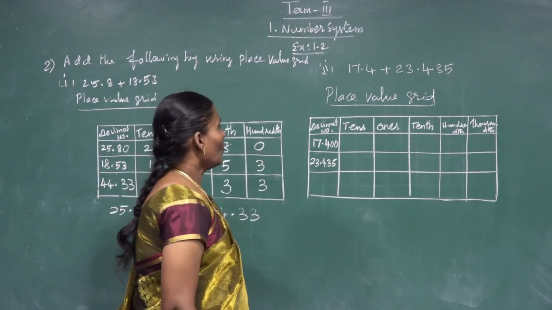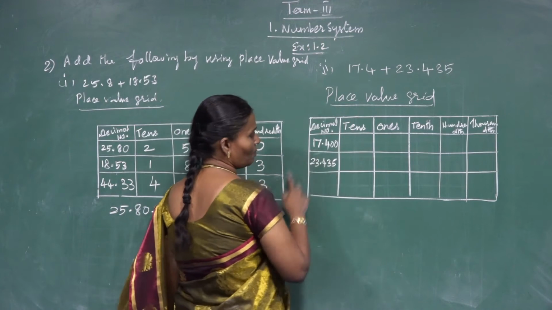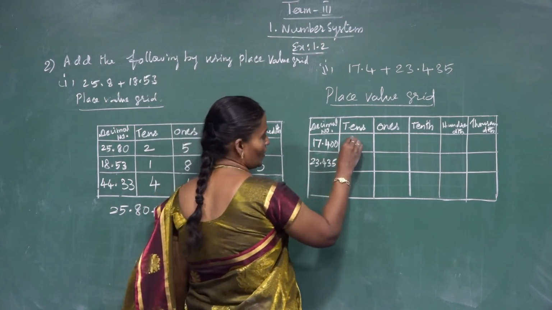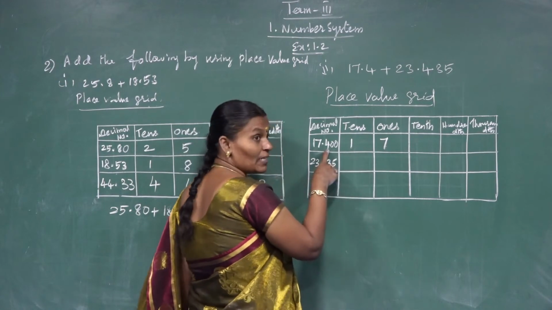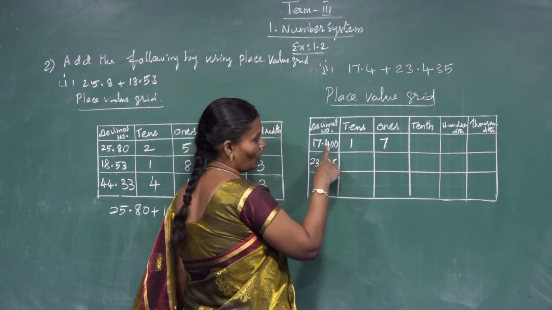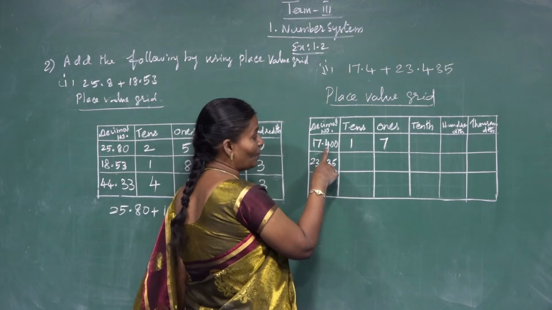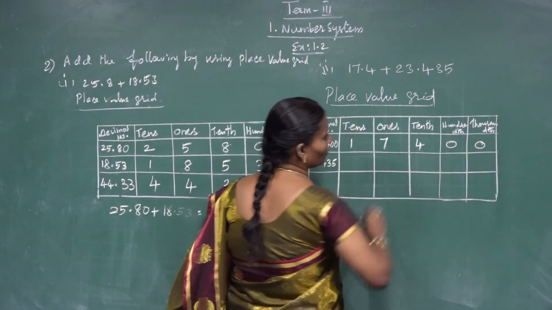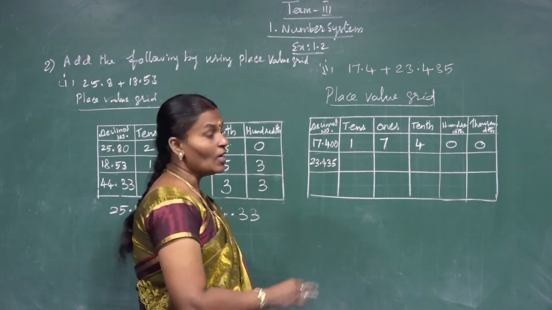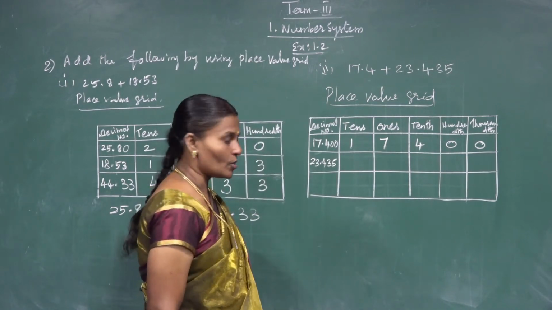Now how do you write here? See this decimal number. Here in tens place is 1. Ones place 7. See here decimal part. The first digit is tenth place. The tenth is 4. Remaining 0, 0. Okay. Hundredth place 0 and thousandth place also 0.